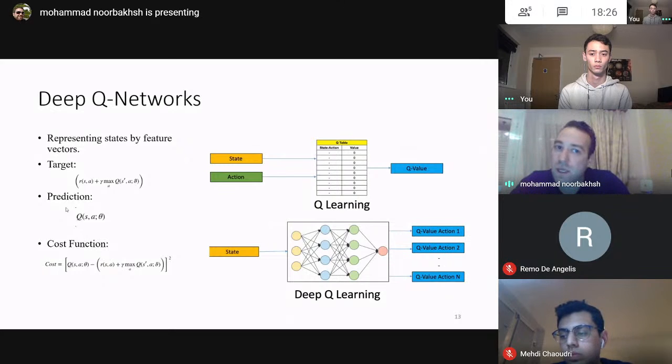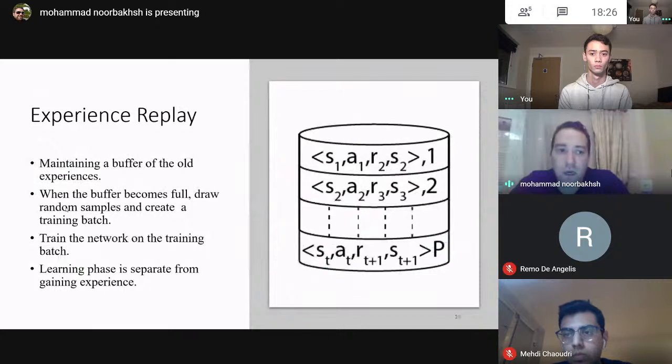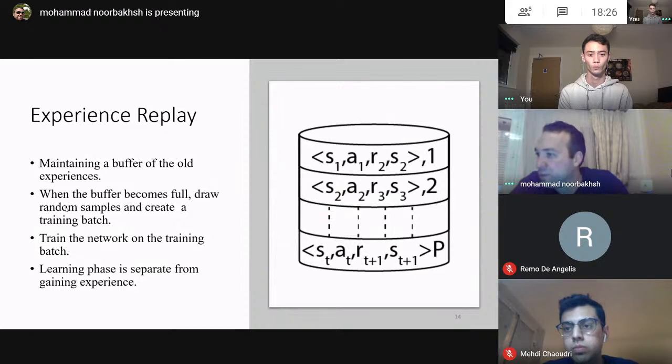One is experience replay, where we maintain a buffer of old experience, as you can see from this picture. We put the last million transitions into a buffer and sample a mini batch from this buffer to train the deep network. This process forms an input data set which is stable enough for training.